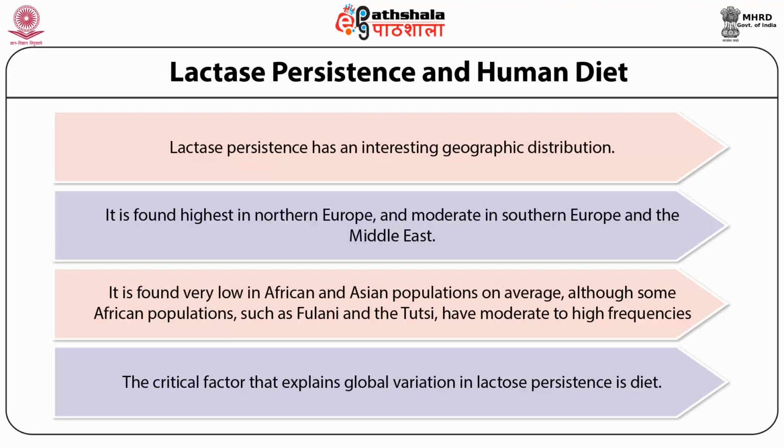Populations indulged in dairy farming tend to have a higher frequency of the lactase persistence allele. This can very well be explained by natural selection, where lactase persistence was selected for in populations engaged in dairy farming because of the nutritional advantage among individuals who are able to digest milk.